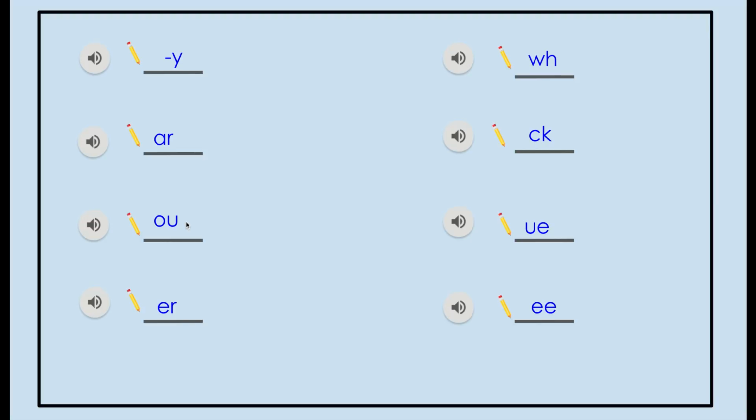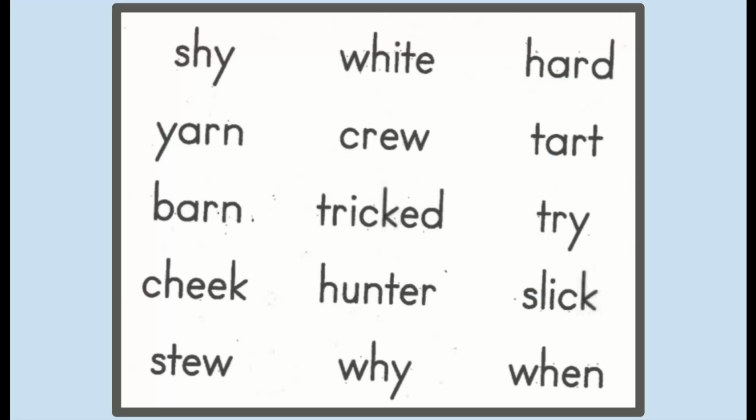Number 5, OU. Number 6, UE. Number 7, ER. And number 8, EE.